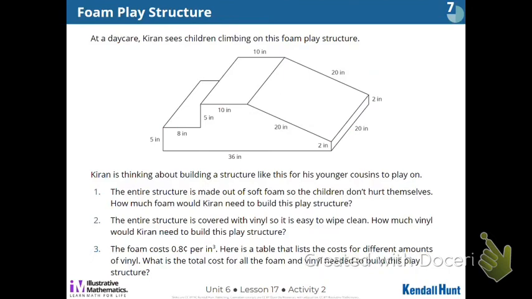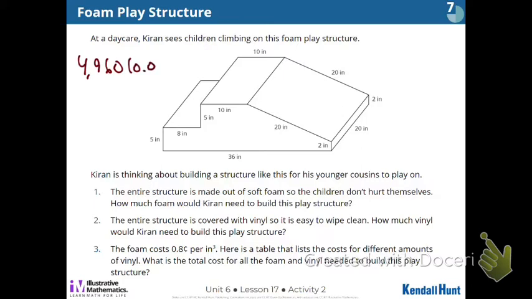So checking out this page, we're going to look at number 3 on your guys's. And this isn't geometry, so I'm going to go through this relatively quick with you because this isn't new stuff. We knew that our volume was 4,960 cubic inches, right? And the information we're given, it's 0.8 cents per cubic inch.